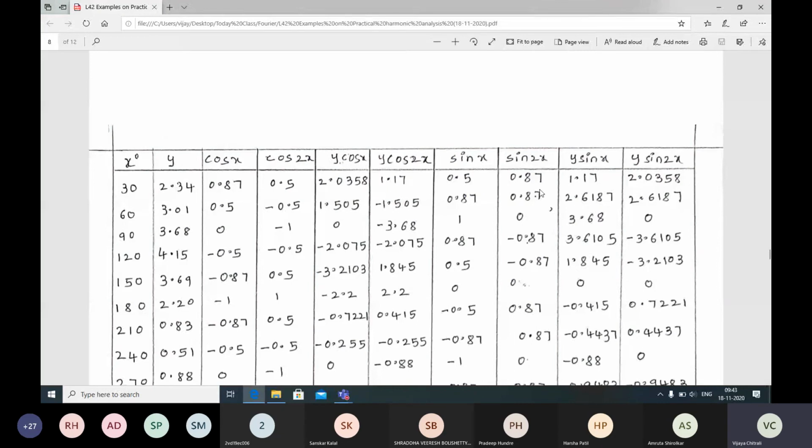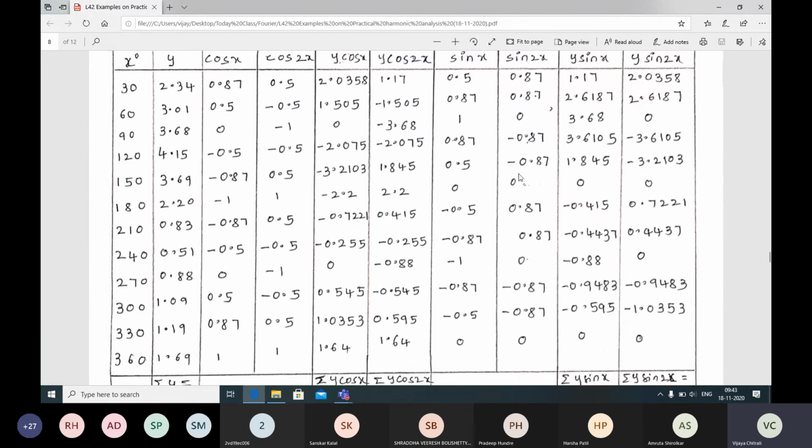Sin 60 is 0.87, sin 120 is 0.87, sin 180 is 0, sin 240 is minus 0.87, sin 300 is minus 0.87, 2 into 180 is 360, sin 360 is 0, sin 420 is 0.87, sin 480 is 0.87, sin 600 is 0, and then 2 into 330 is 660.